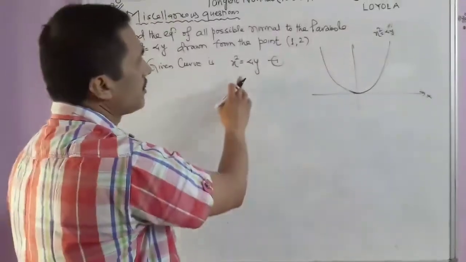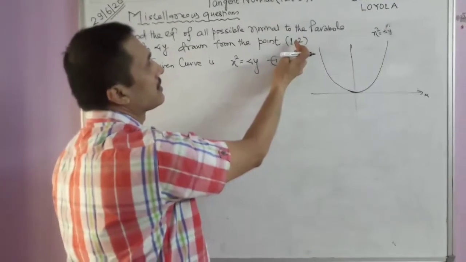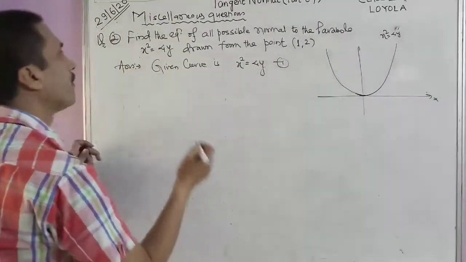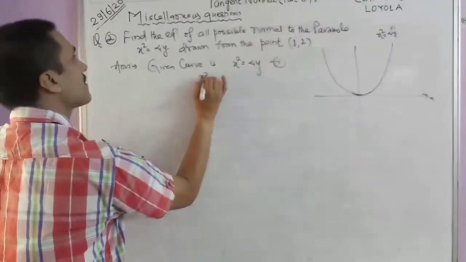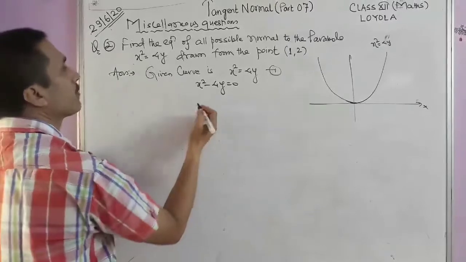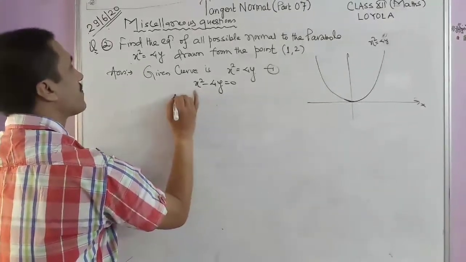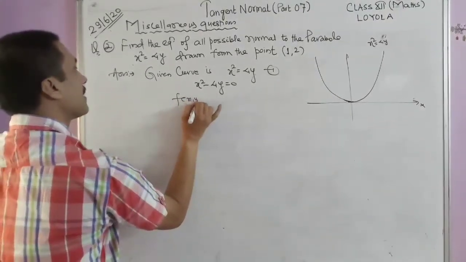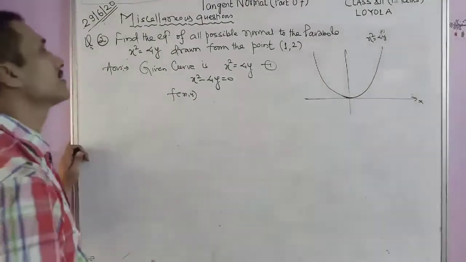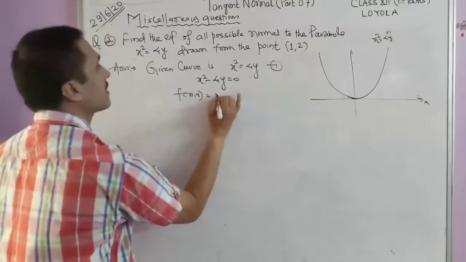First of all, we see the location of this point. For this, x square minus 4y equal to 0. Assume the left expression x square minus 4y is f(x, y).